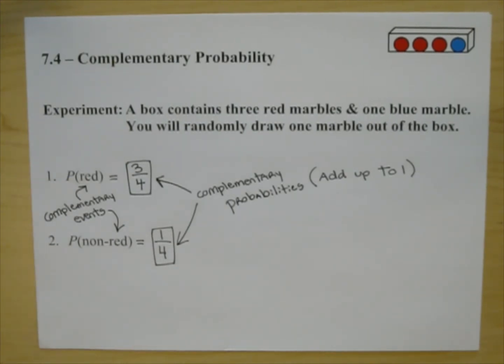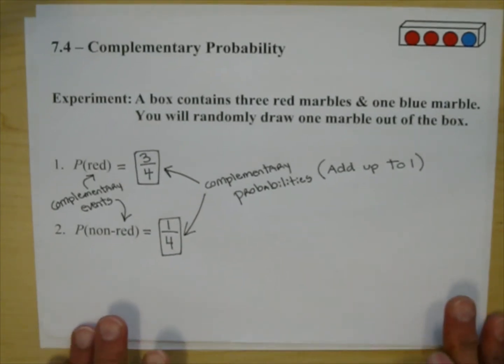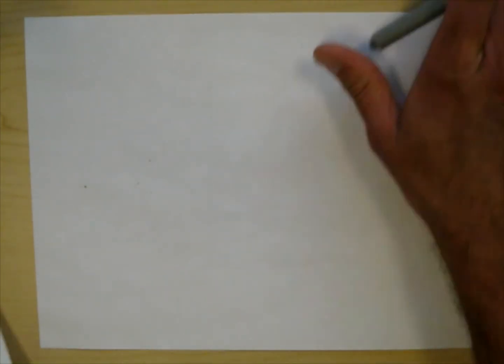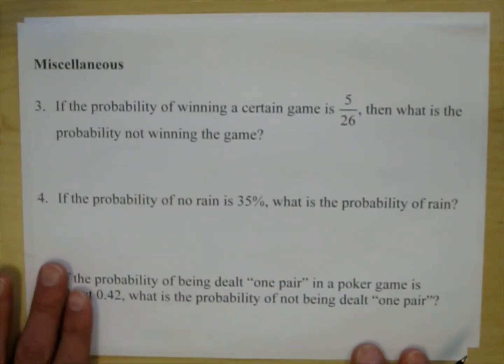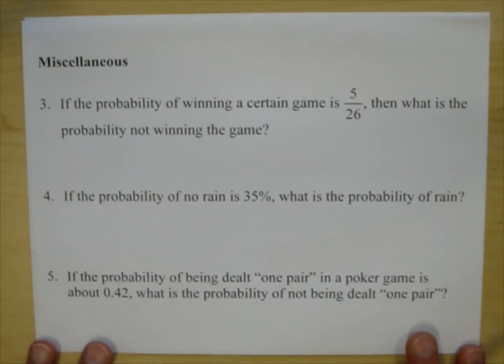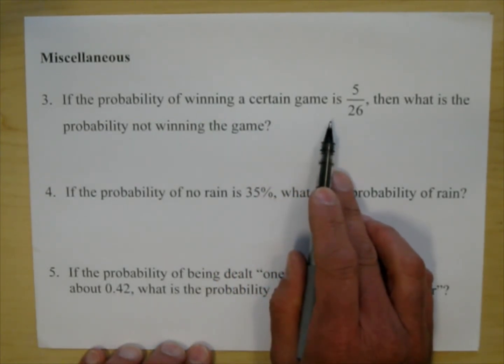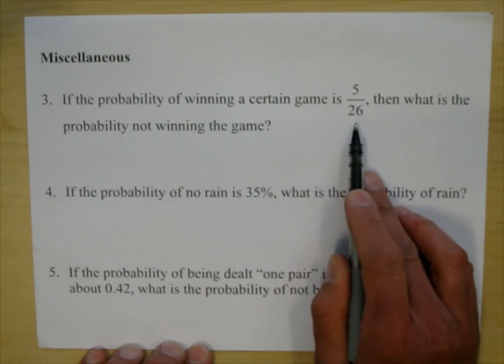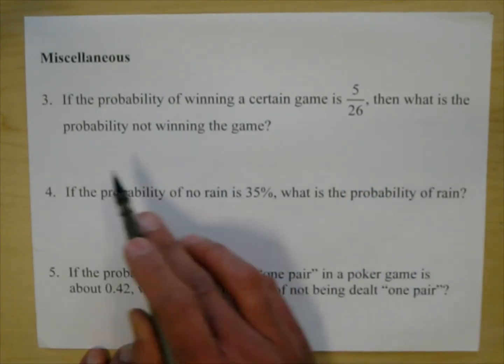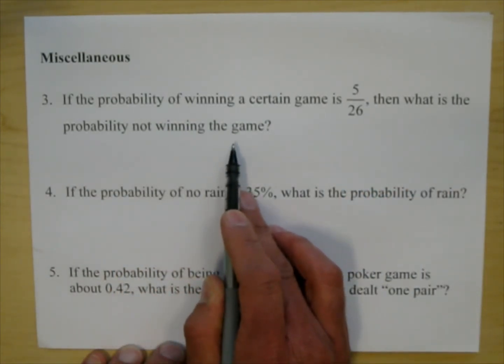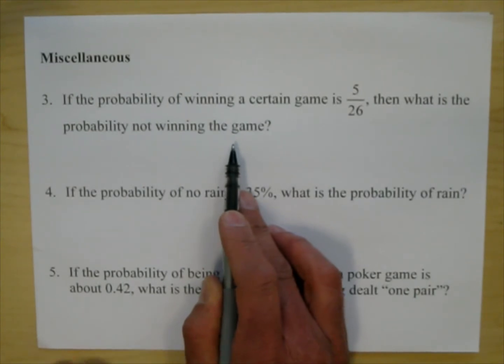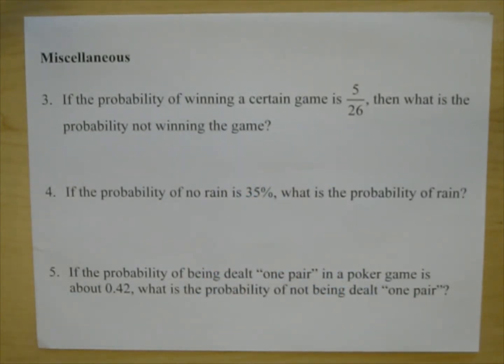Now the next 3 problems that I do won't be that complicated, but they will get us used to complementary probabilities. So let's take a look at problem number 3. These are some miscellaneous problems. If the probability of winning a certain game is 5/26, then what is the probability of not winning the game? So let's take a look at what we have here.